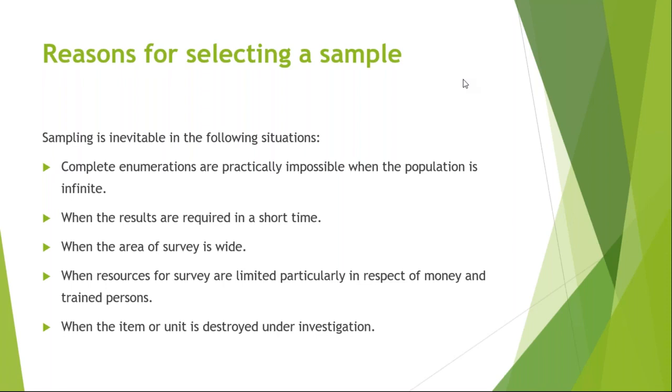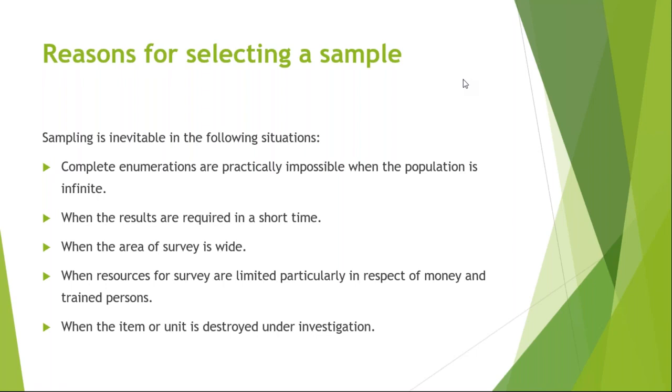So we say one of the disadvantages of the census is the fact that it takes time, it takes energy, and a lot of things. So when the results are required in a short time, you use sampling. Sampling becomes inevitable. Now, when the area of survey is wide and you cannot cover the whole area, use sampling. When resources for the survey are limited, particularly in respect of money and trained persons, use sampling.